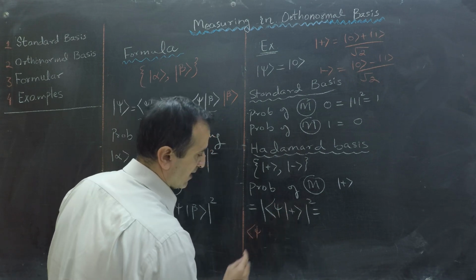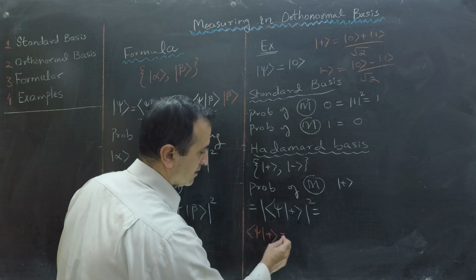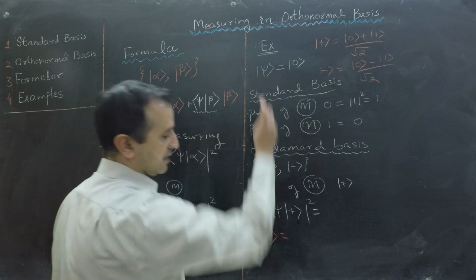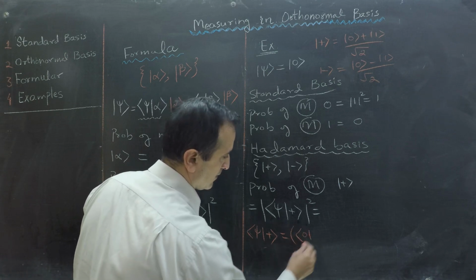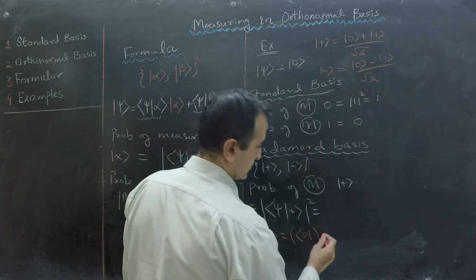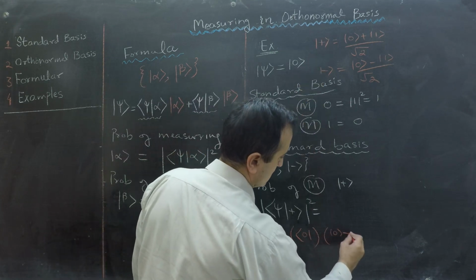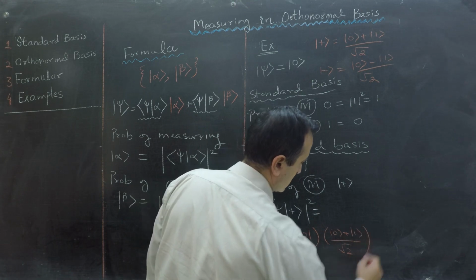We have to write bra psi and multiply with ket plus. So our bra psi is equal to bra 0, times ket plus, which is ket 0 plus ket 1 divided by square root of 2.